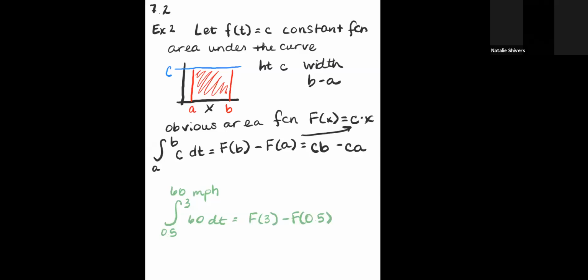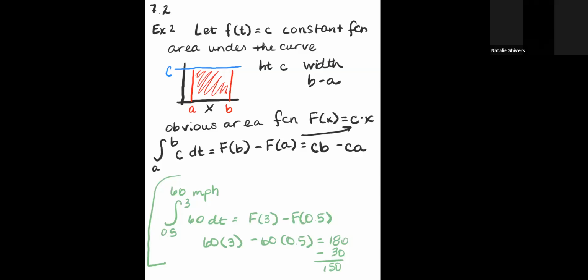So we're going to take 60 times 3 minus 60 times 0.5. And we ended up with 180 minus 30, which gives me 150. And I'm pretty sure that was the answer we got the other day. Okay, so this is where we're headed for 7.3.